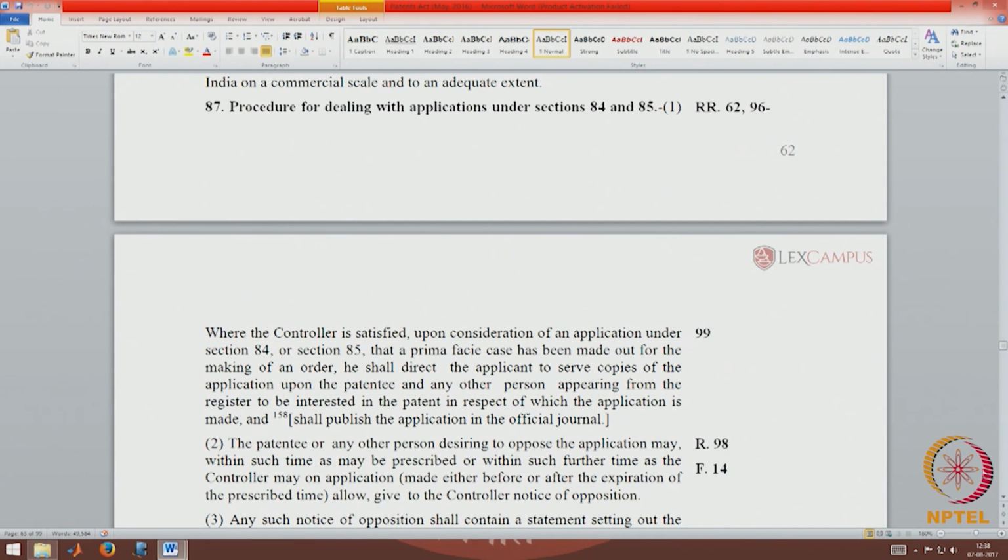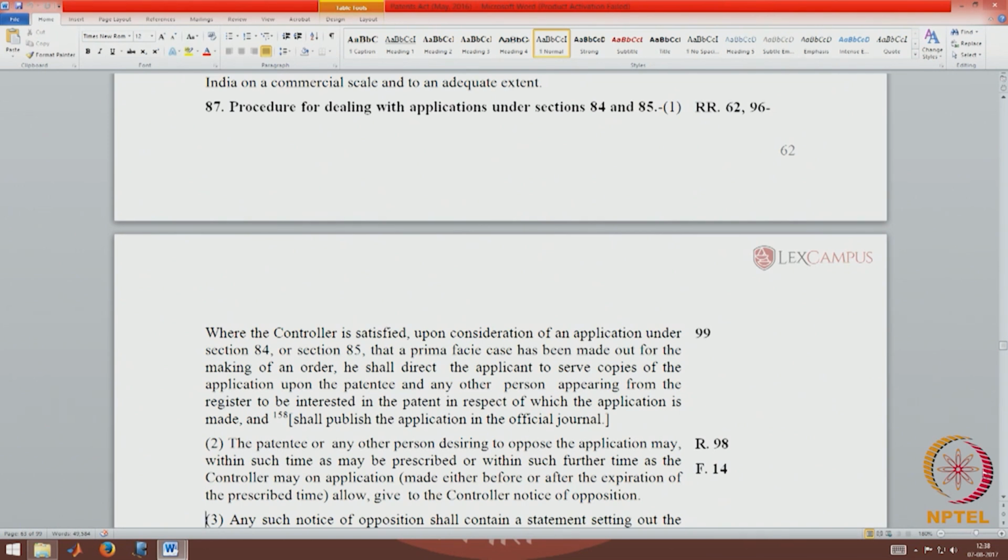So, when an application for compulsory license is filed and the controller is satisfied on the record that there is a case, an arguable case, a preliminary case has been made out, the controller is satisfied by looking at the application, then the controller will ask the applicant to serve copies on the patentee and the persons whose name appear in the register, and shall publish the application in the official journal. 2.